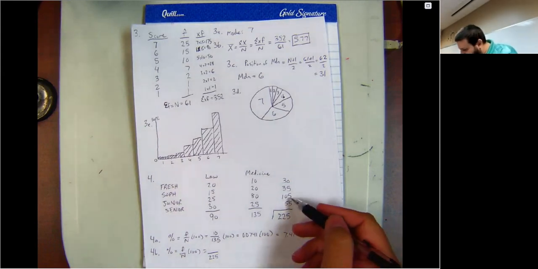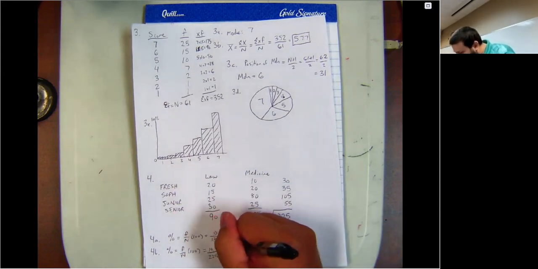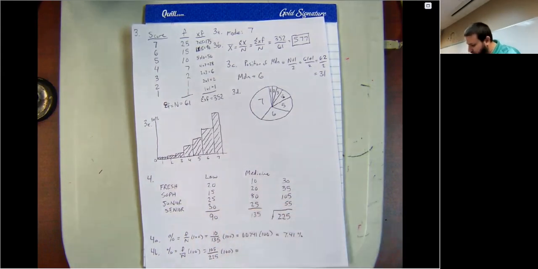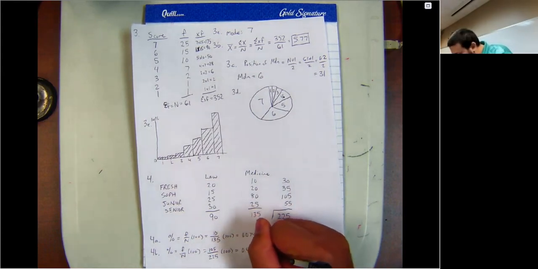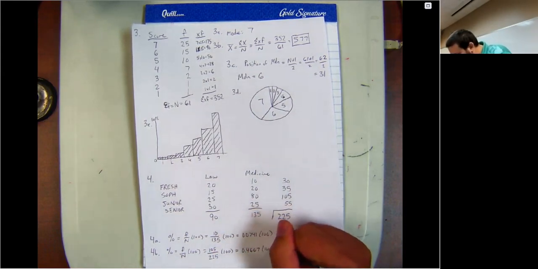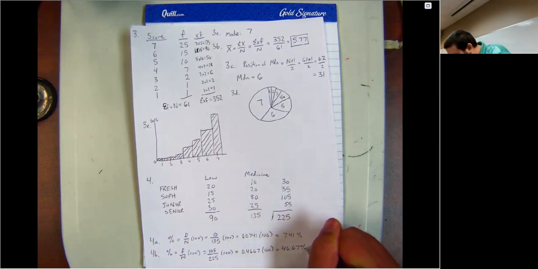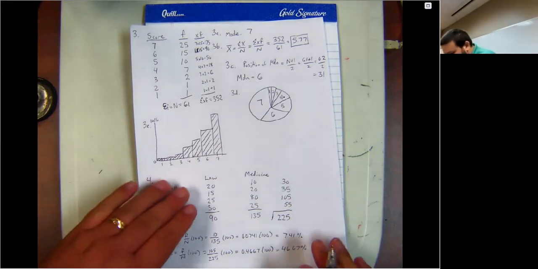Well, there are 105 juniors out of 225 total students. We're looking for a percentage, so we multiply by the constant of 100. 105 divided by 225 is 0.4667 times 100 is 46.67%.